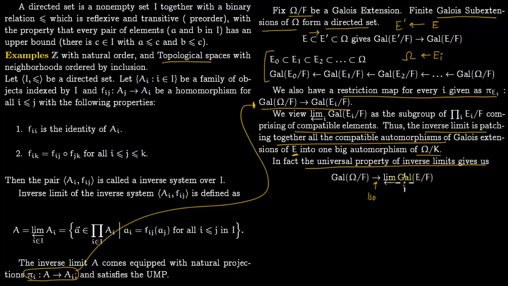We are taking the inverse limit over all these Ei. So omega contains infinitely many sub-extensions which keep on increasing, and in the end you will get omega. In some sense omega is the limit of this increasing chain, but that limit is given as an inverse limit right here. So this becomes an isomorphism if you take the inverse limit.